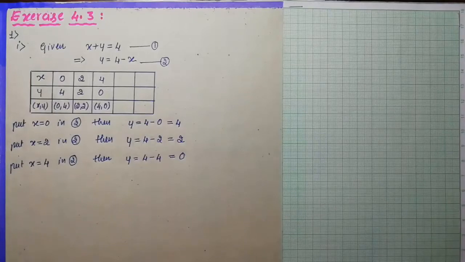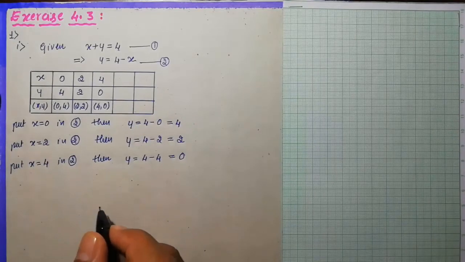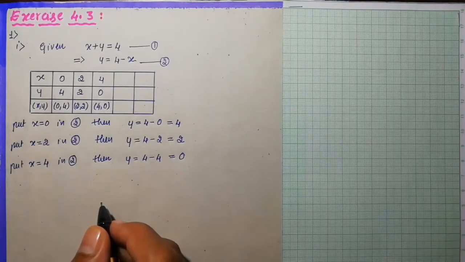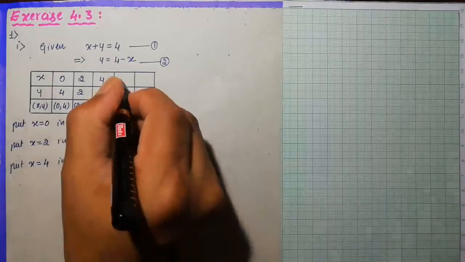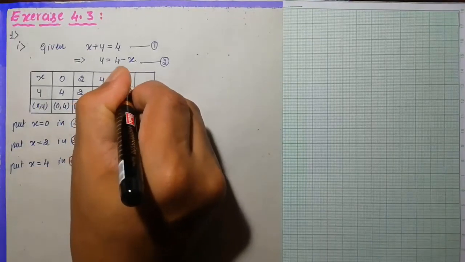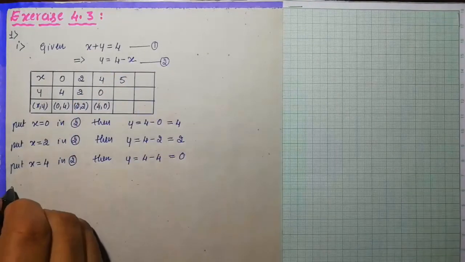In the same sense you can put a negative number also, minus 2, minus 1, like that. You can put any number. I just put even numbers, but actually you can put 3, 5, 7 also. I'm going to put one odd number for you. Actually I'm going to take 5. Let us see what will happen.